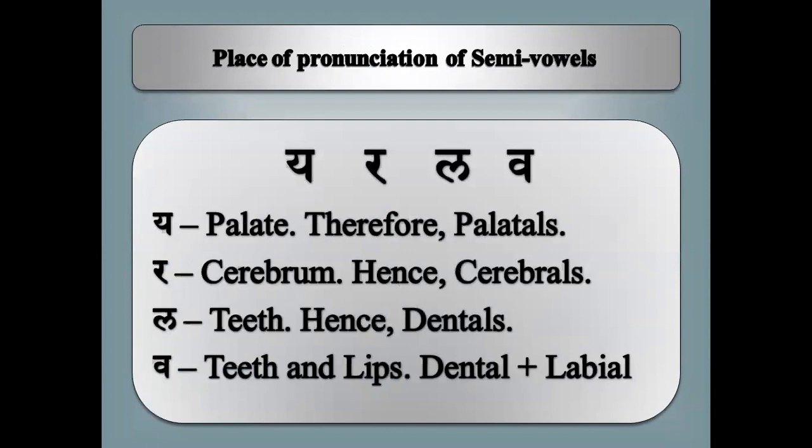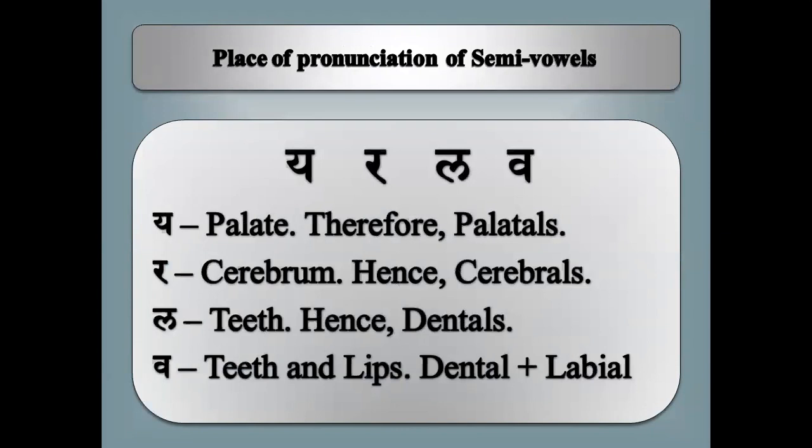Interesting. Va place of pronunciation is the teeth as well as the lips. That is, the tongue should touch just above the upper teeth. Not above the upper teeth, that is tavarga. It involves the teeth as well as lips.